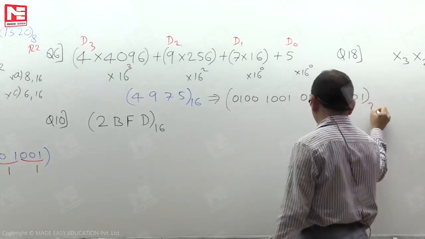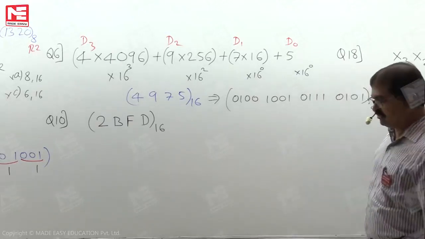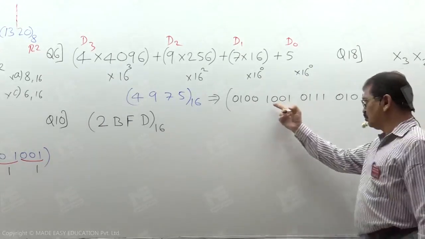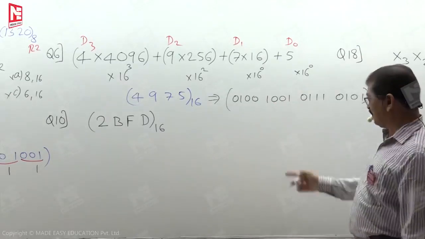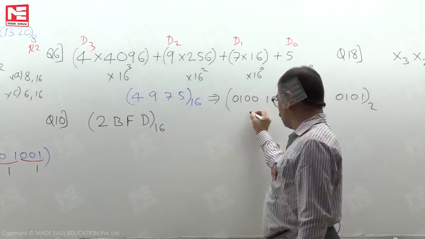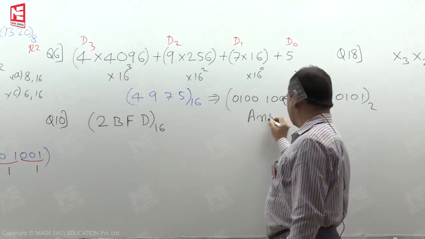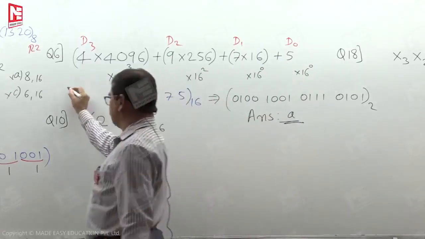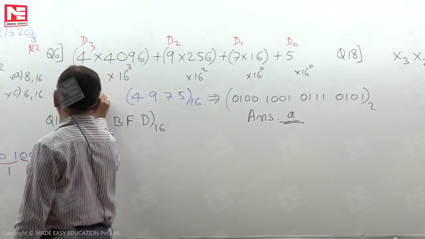It is the binary equivalent. And the number of ones is the question. If you count the number of ones, we have 3 plus 2, 5 plus 2, 7 plus 1, 8. So from the given options, the answer to this question is option A.